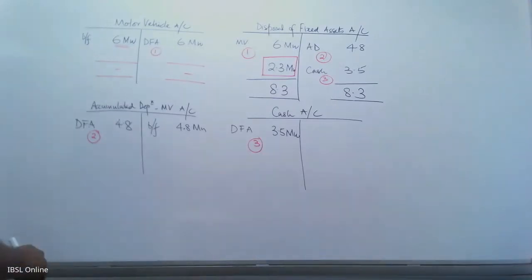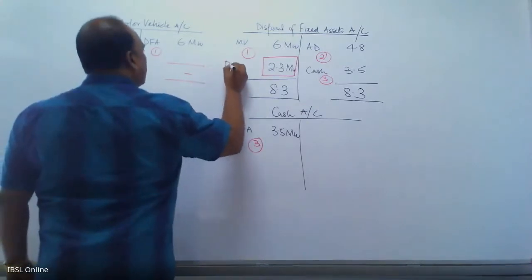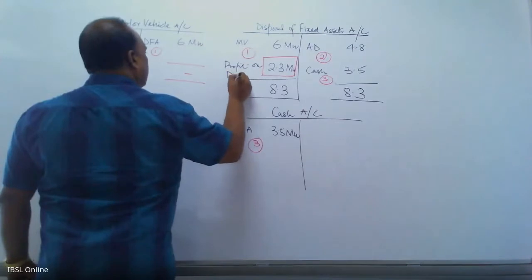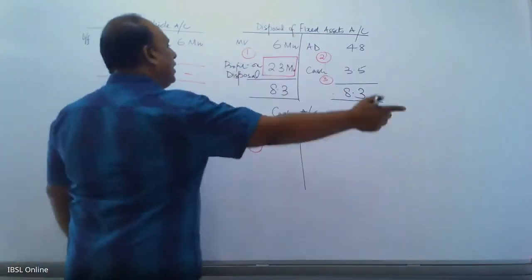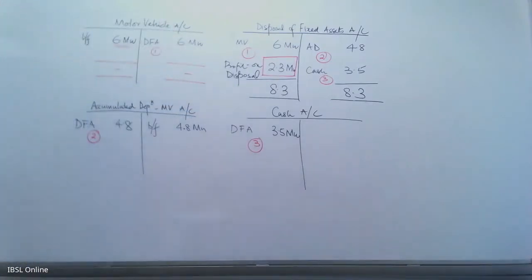You will see the first part is when you have a profit on disposal. So you will debit here and credit your P&L as profit on disposal. Profit on disposal. You see? So this is what it means.